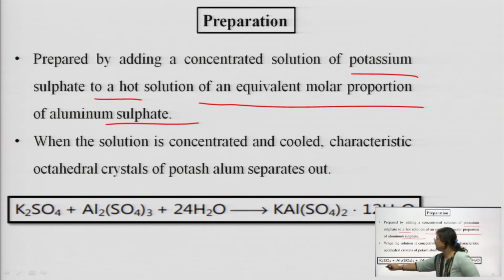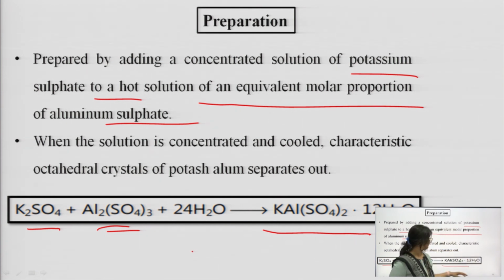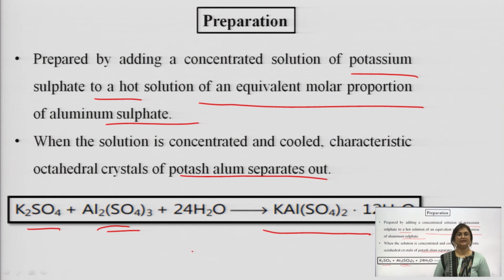Potassium sulfate and aluminium sulfate in the presence of water give KAl(SO4)2·12H2O. When the solution is concentrated and cooled, characteristic octahedral crystals of potash alum separate out.